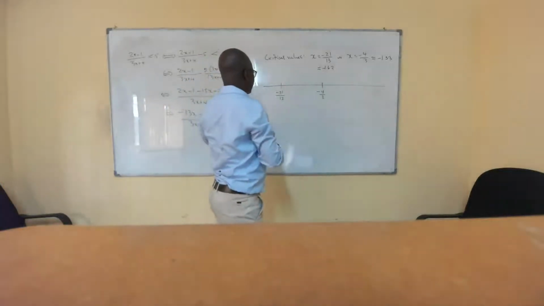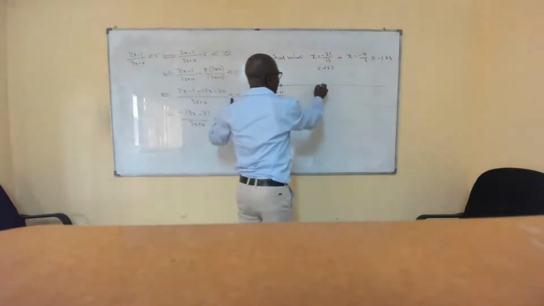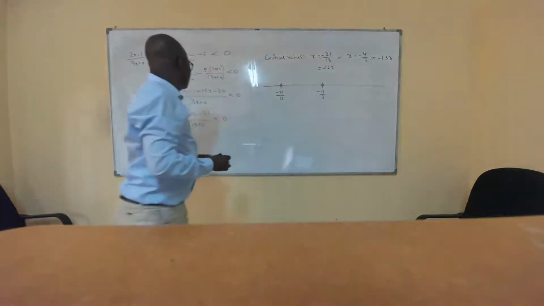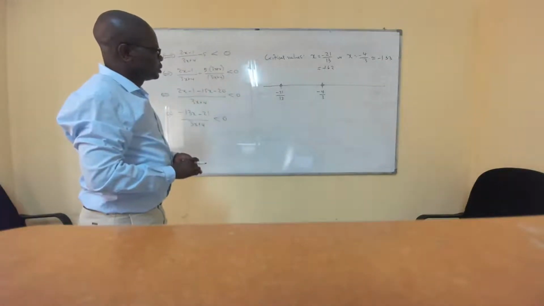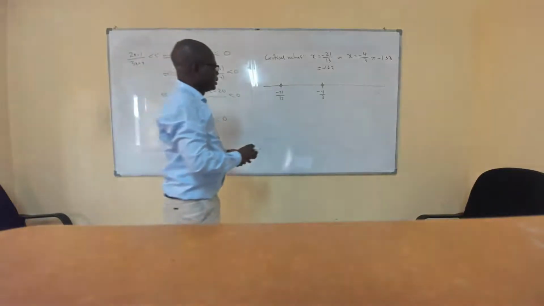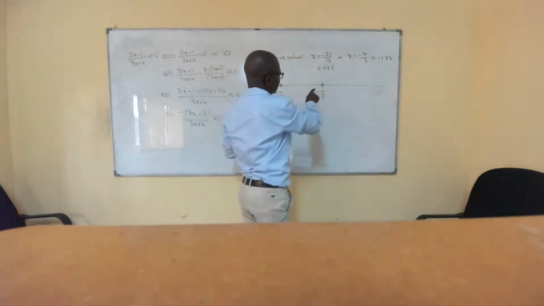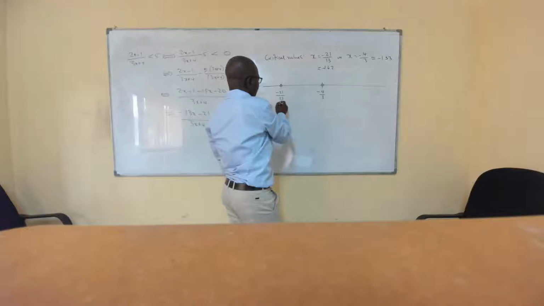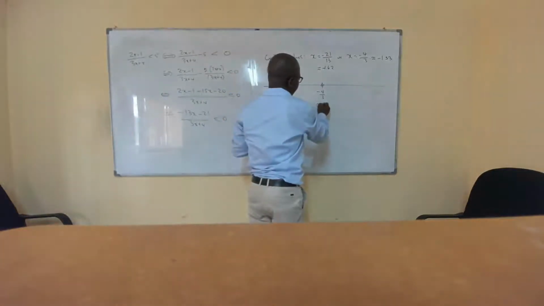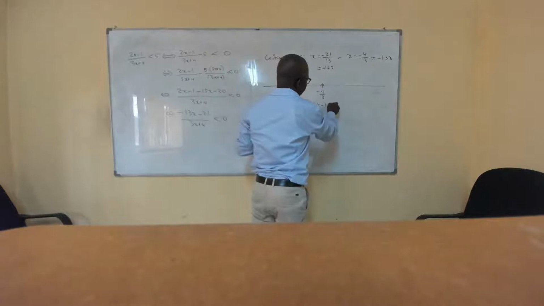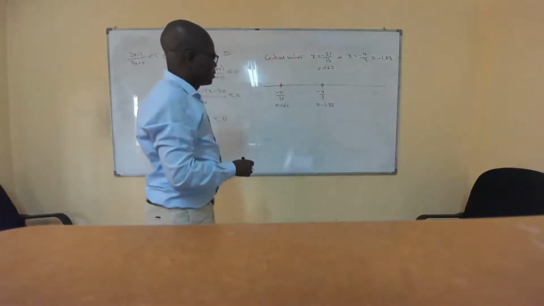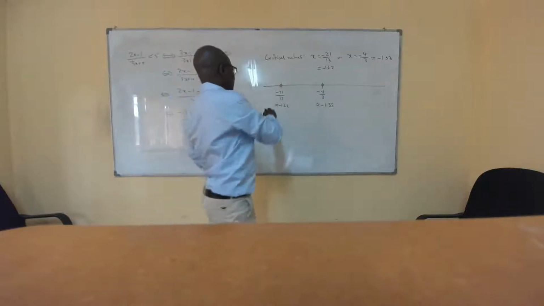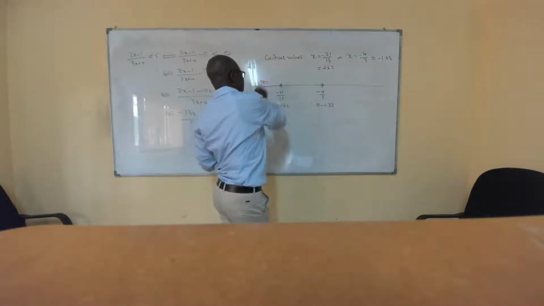So here there is no equality, so we'll not include any of them. And after doing this, at least it's giving us this approximate negative 1.62, this approximate negative 1.33. Okay, so which test value can you pick here?